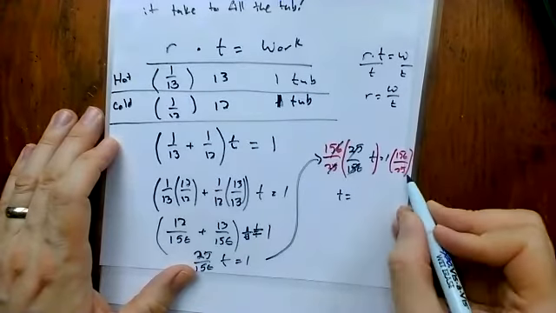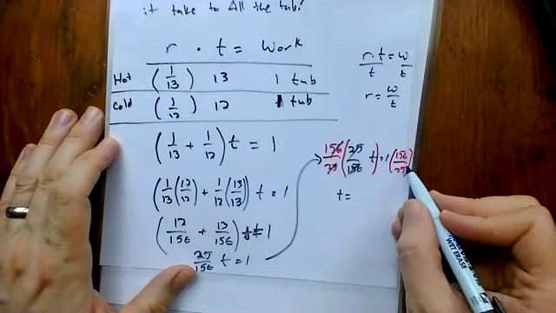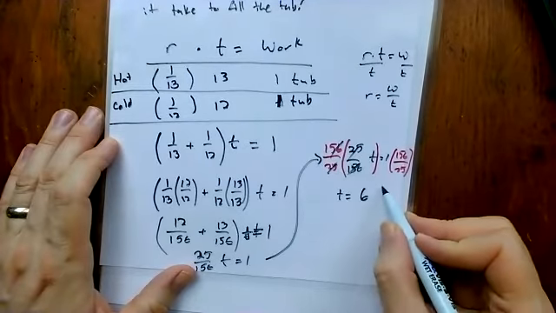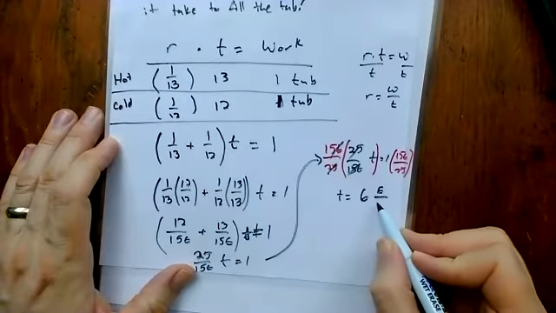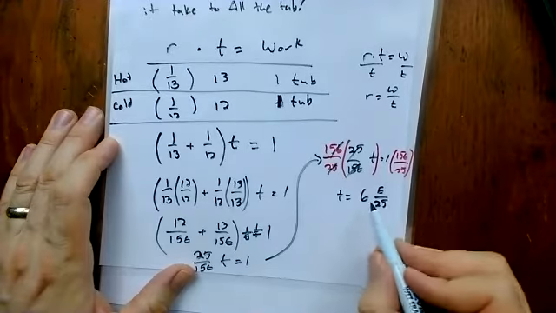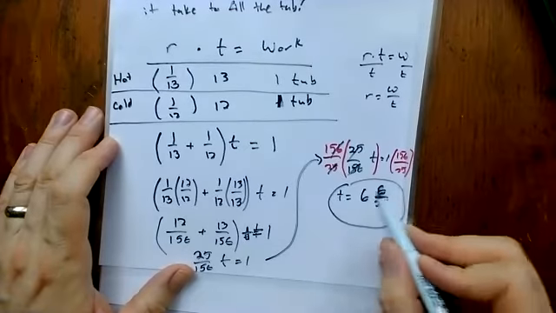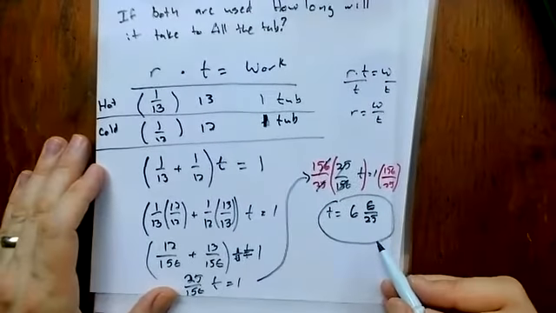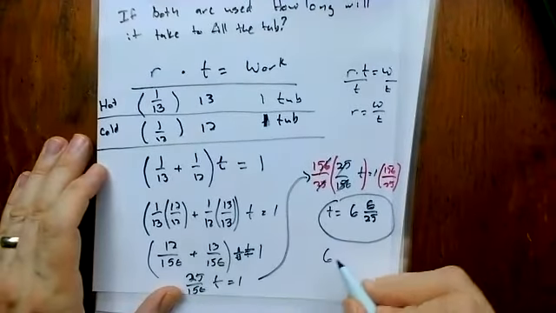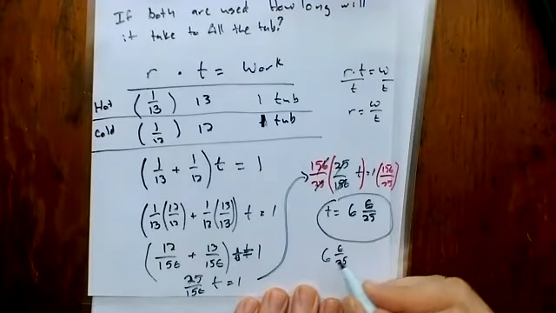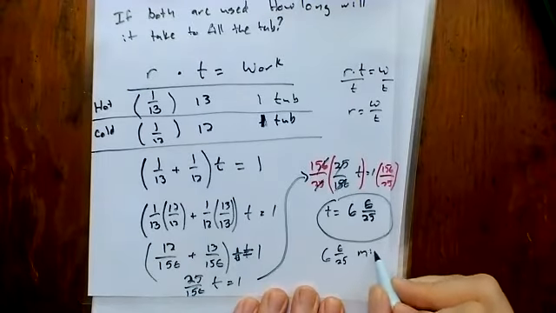25 would go into 156 six times, and I'll have 6 left over, 6 25ths. So there is my time. This is going to be 6 and 6/25 minutes, since this was all in minutes.